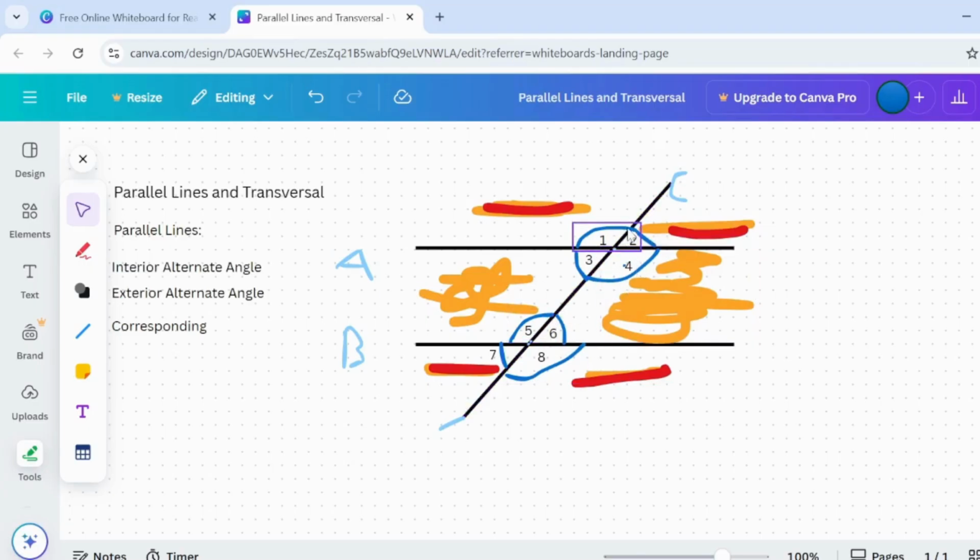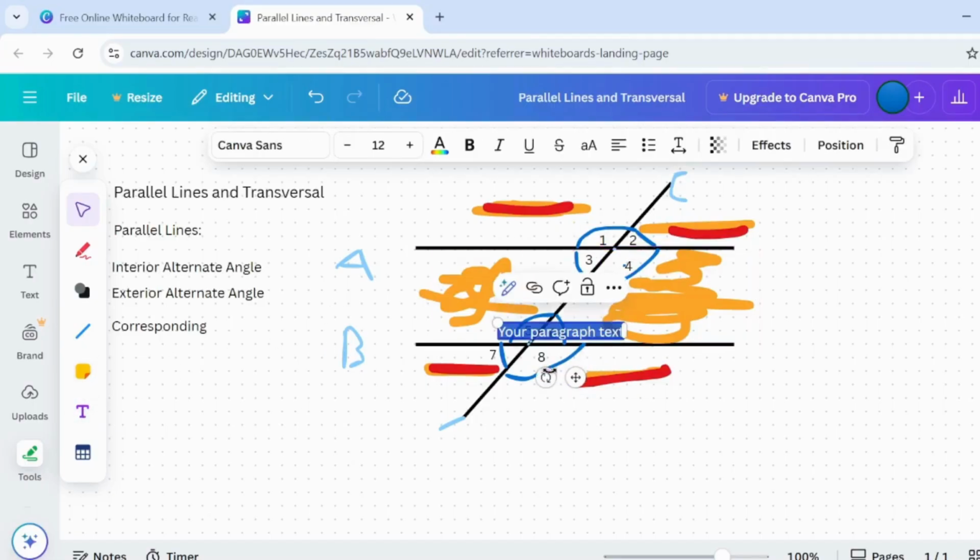Angle 2 has the same shape, size and value as angle 6. So 4 and 8 are corresponding, 2 and 6 are corresponding, and 1 and 5 are corresponding because they lie on the same side of the transversal and they are equal in value and shape. 3 and 7 are also corresponding angles.